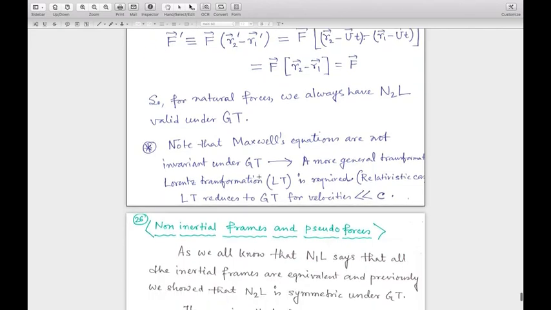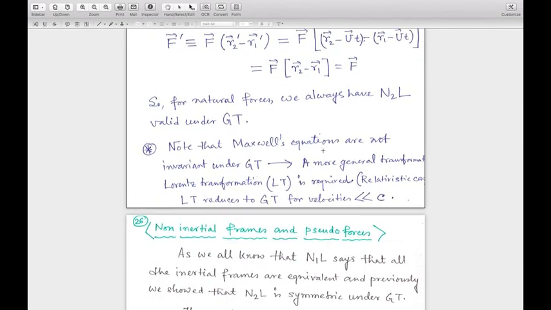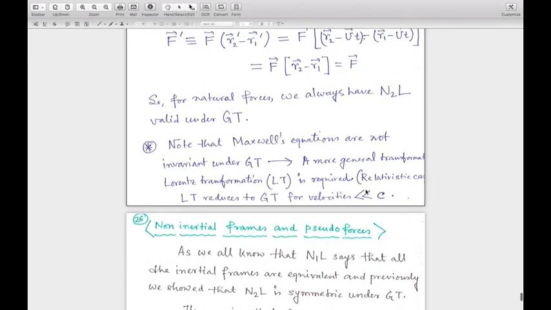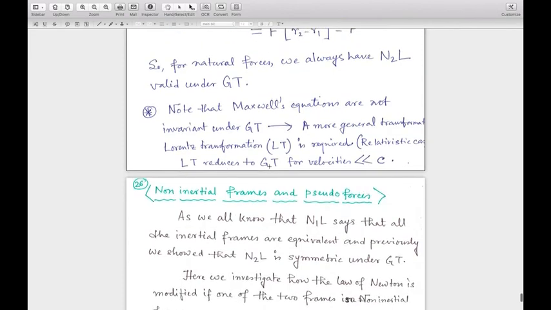Note that, however, Maxwell's equations are not invariant under Galilean transformation. A more general transformation, which is called Lorentz transformation, is required to prove their invariance, and that is the relativistic case. Now, Lorentz transformation reduces to Galilean transformation for velocities which are very, very much less than c.